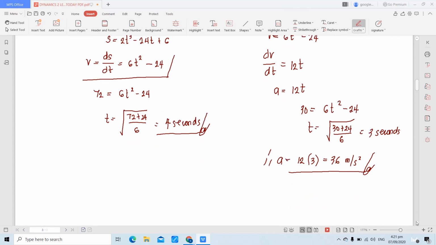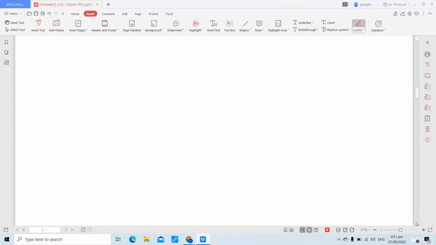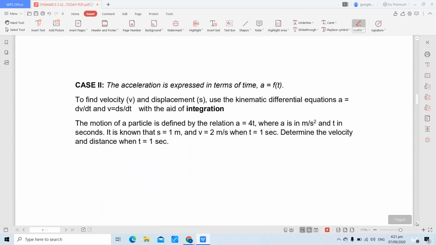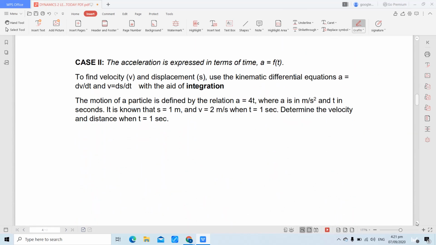Okay, let's proceed to case number 2. Case number 2, if we have an acceleration that is expressed in terms of time t, or A is a function of time. Pag meron lang tayong binigay sa equation natin na variable A tsaka t, case number 2 na yun. Anong gagawin natin doon?